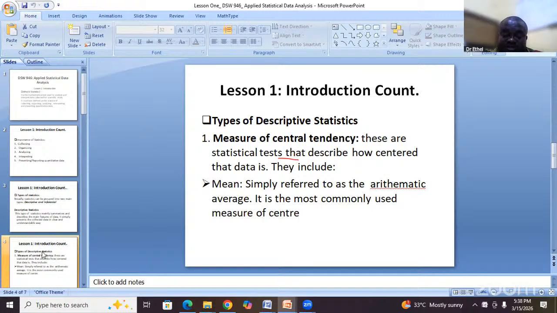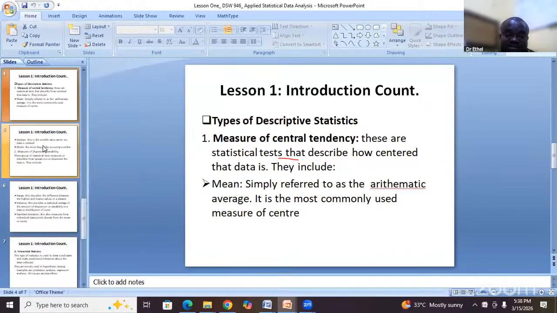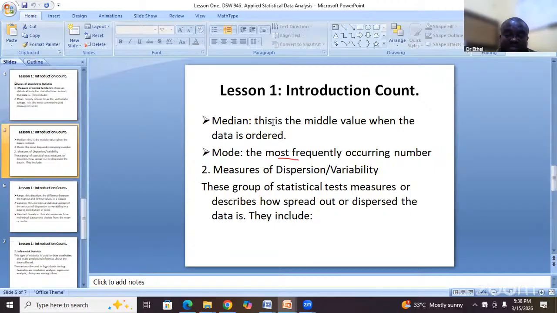So this is the mean. This is simply referred to as the arithmetic average. It is the most commonly used measure of the center, or measure of central tendency. The next one is the median. This is the middle value when data is ordered. To get the median, you have to arrange your data in either ascending or descending order.